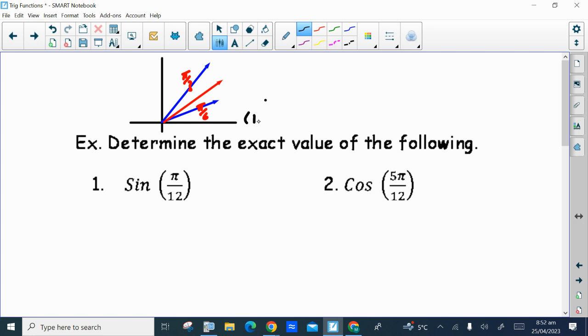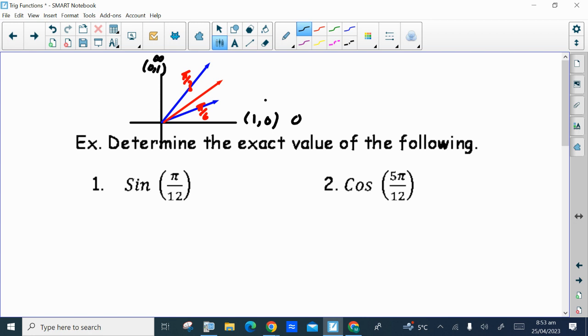The coordinates on the positive x-axis are 1, 0, and the tangent is 0 because it's sine divided by cos. Up at the top, where the coordinates are 0, 1, and remember that the x value tells you the cosine, the y tells you the sine. When you divide sine by cos, 1 over 0 was undefined.